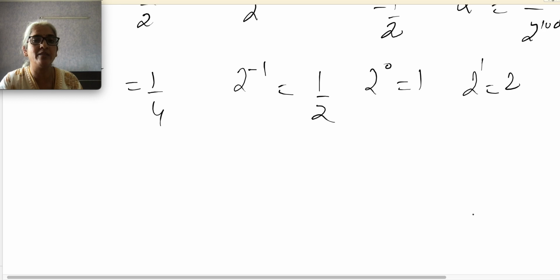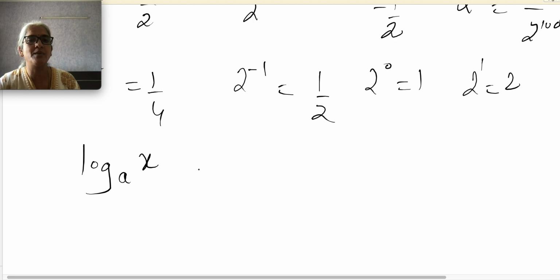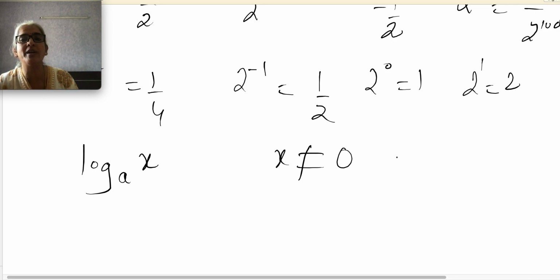That means the reverse: log of x to the base a, x cannot be negative ever. Can x be even 0? No, because the exponent never even reaches the value of 0. So I cannot give 0 or negative input. It cannot be less than 0 because it is just the reverse operation of the exponent.